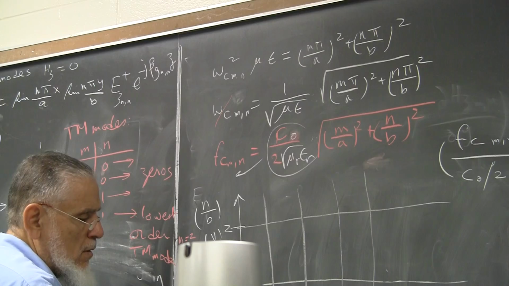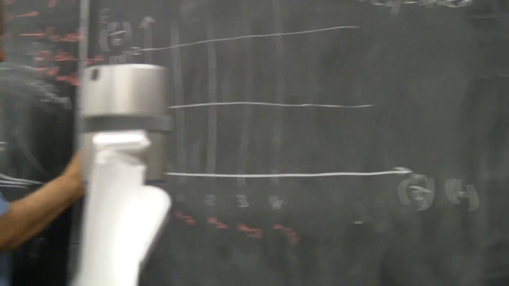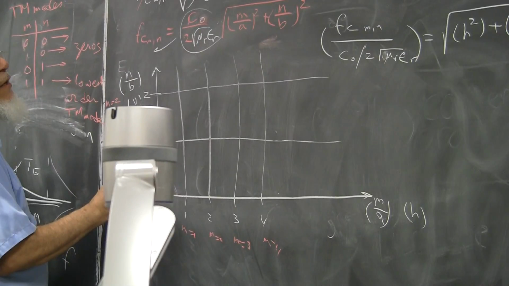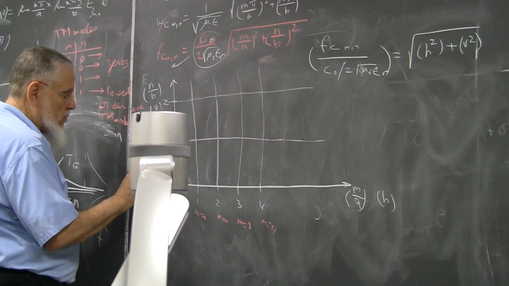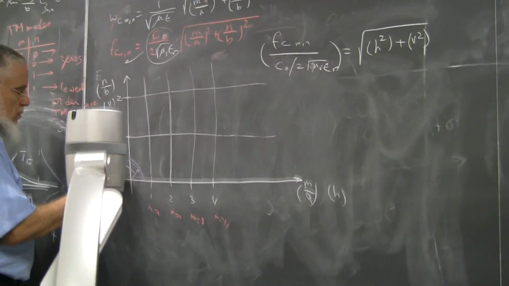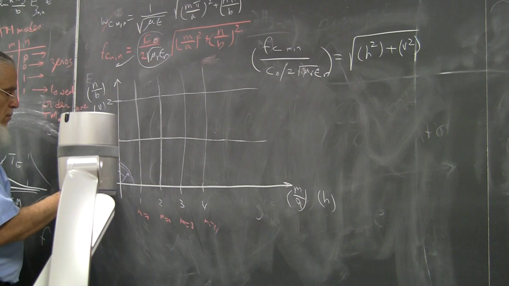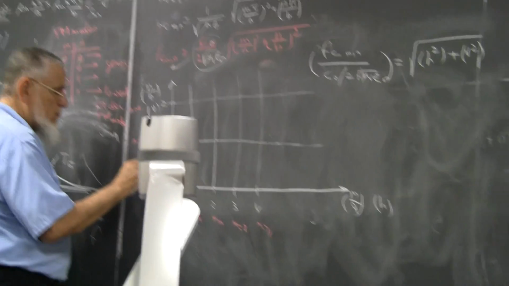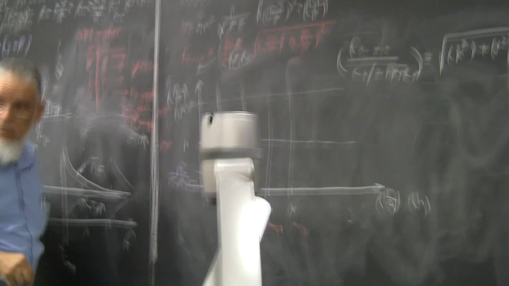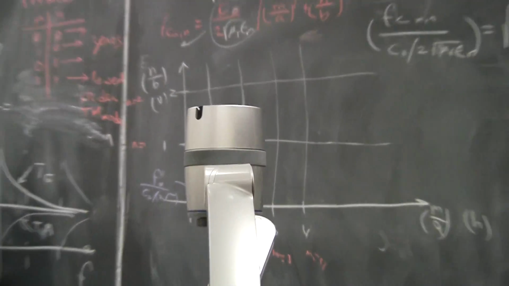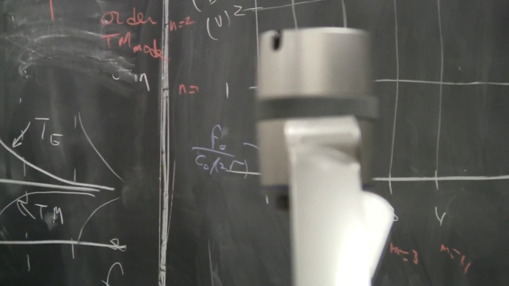This is your F operating divided by c naught over 2 square root. So the radial is going to be your F naught divided by square root.